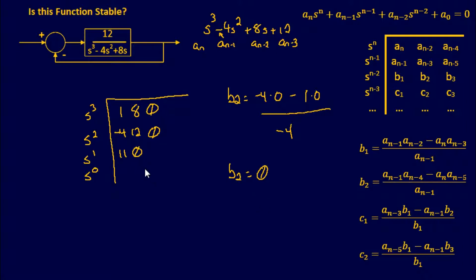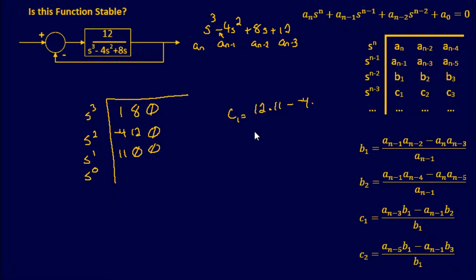All right, and let's go down to the next row. Let's clean up one more time. C1, so C1 equals A of n3, so it's 12 times B1, well, B1's 11, minus 1, which is negative 4, times B2, well, B2 is 0, over, and this is B1, B1's 11.